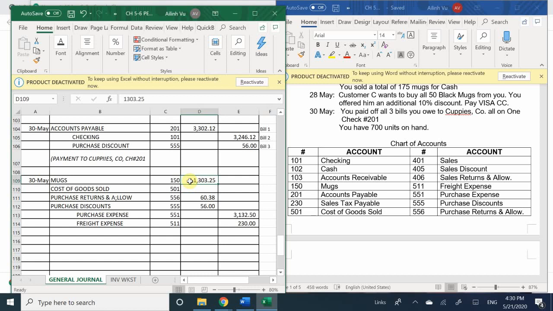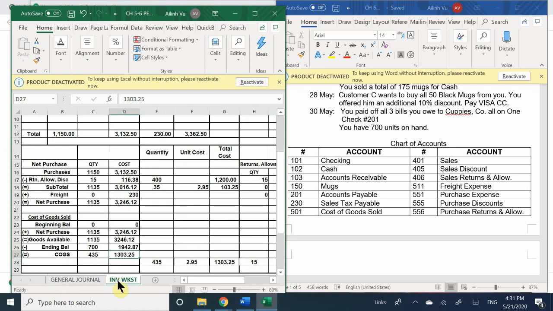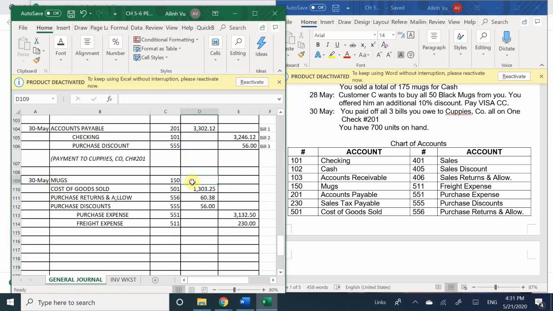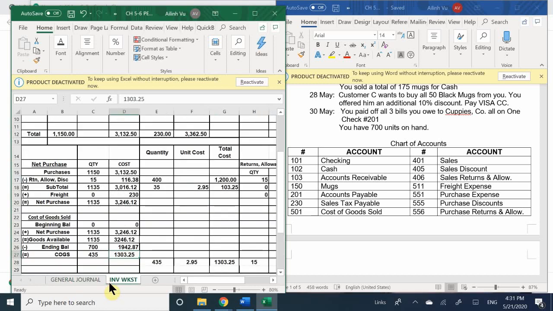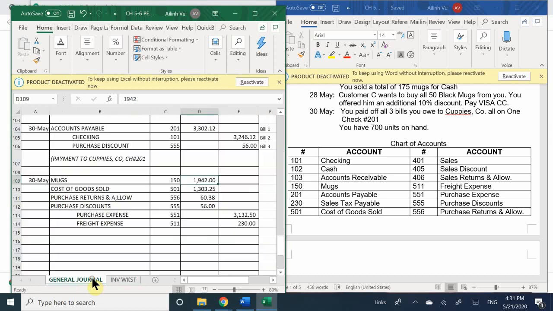That's our cost of goods sold, 1303.25, and our ending is going to be 1942.87. Did I say 37? 87.